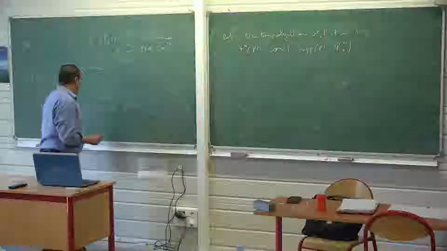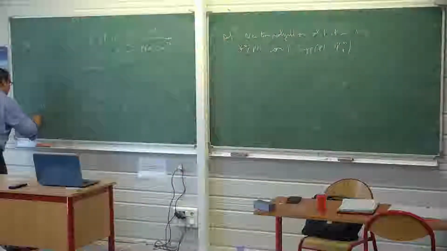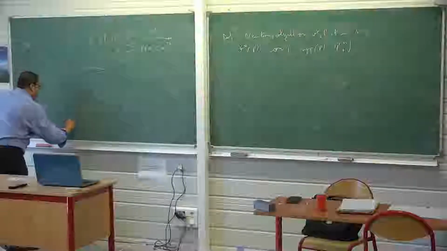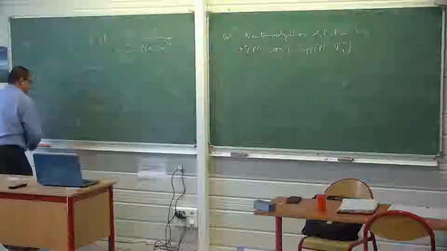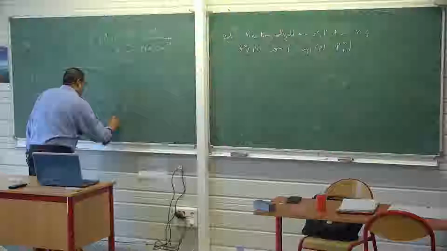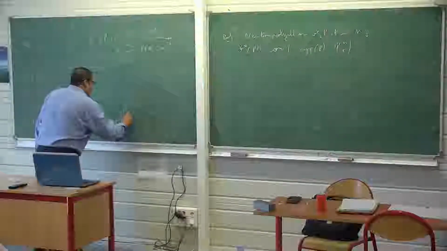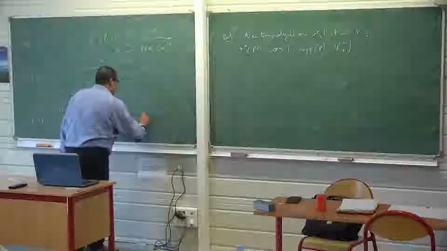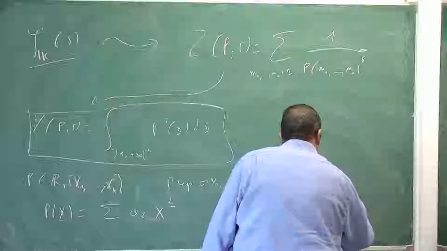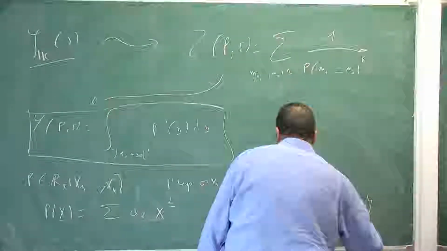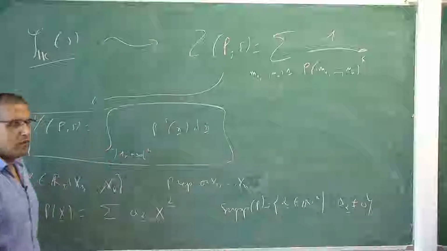So if you write P of the form sum of alpha x alpha, the support of P is the set of alpha such that the coefficient of alpha is different from 0.